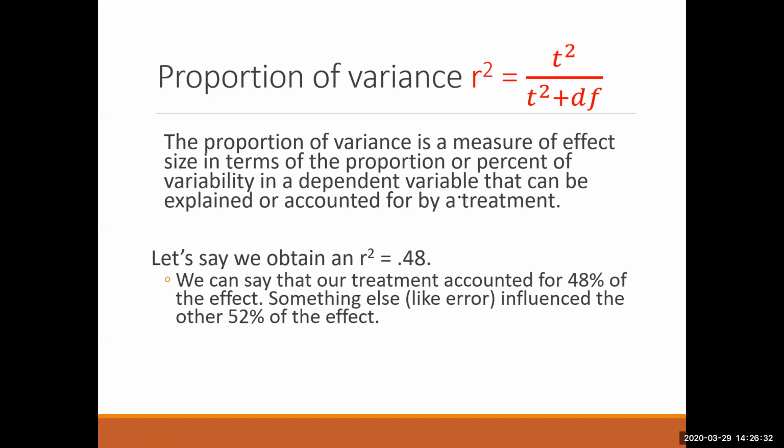So once we make a decision about our null hypothesis, there's always the Cohen's d and there's always the R squared that will give us a deeper understanding of that effect, how big or small, and how much our treatment actually caused or influenced the dependent variable that we're trying to measure.